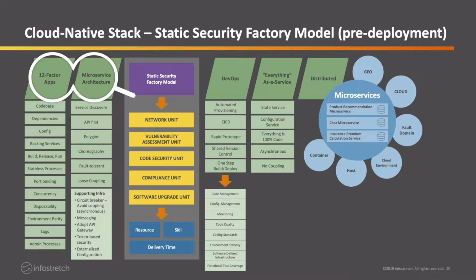These are all the things that we call pre-deployment. In our experience going through multiple implementations as well as verifying these implementations, we defined 2 models. One, what you see here, is the static security factory model. What we do here is basically static security services.